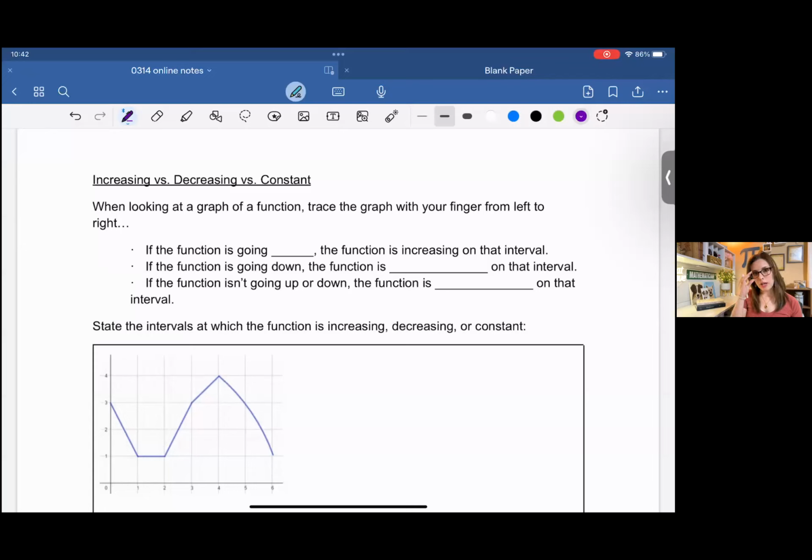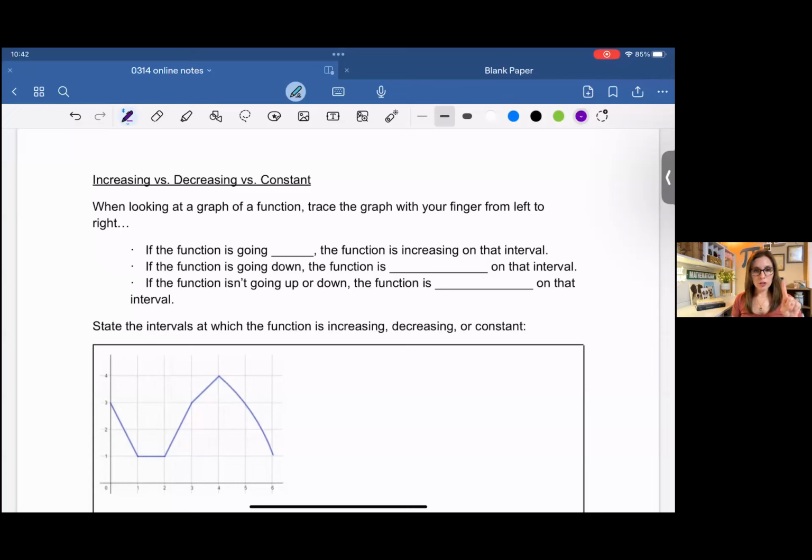The last thing we're going to look at for interval notation in this lesson is analyzing graphs. So finding the intervals where graphs are increasing, decreasing, or constant. When you're looking at a graph of a function, I trace the graph with my finger from left to right, just like you would read a book.